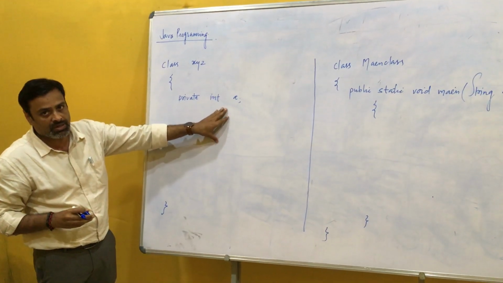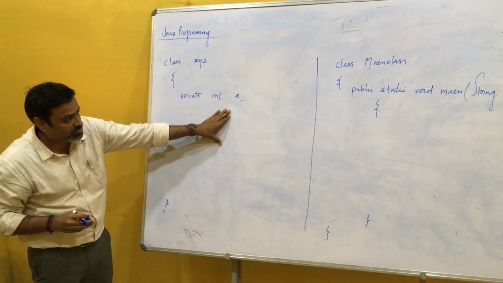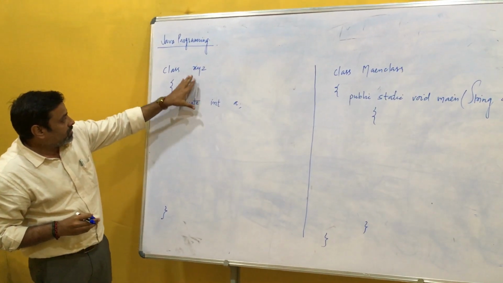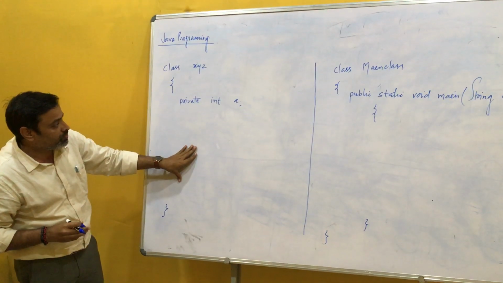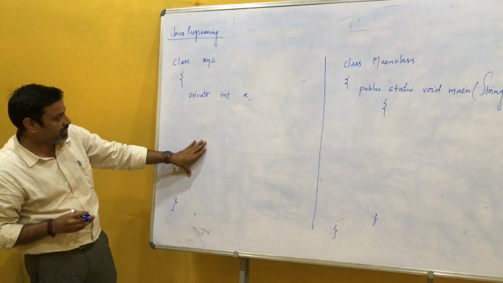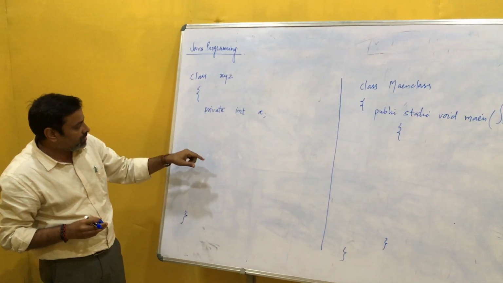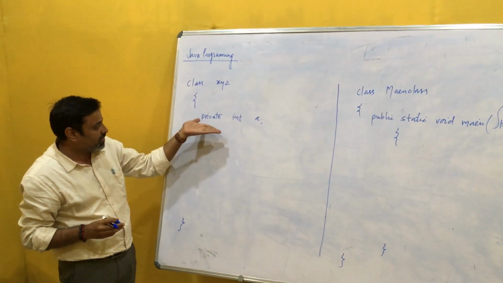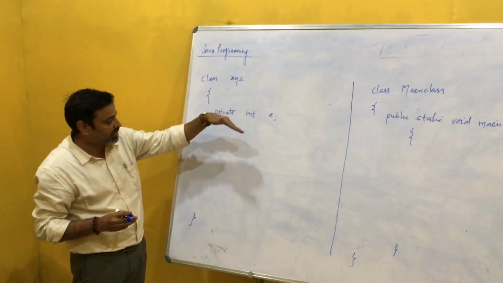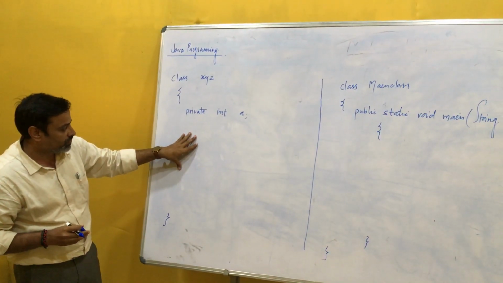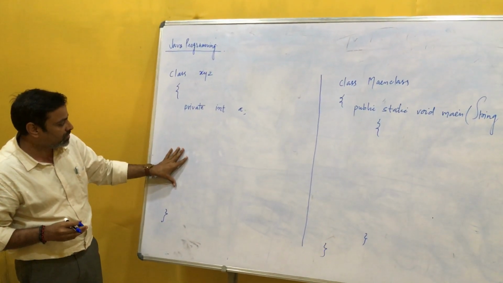So far it is not created because I have not created any object. So it means if you create a class, no memory is allocated for that class. Once the object of this class is created, then only whatever data members you are keeping inside the class will be physically existent inside the object. So right now no memory is consumed.